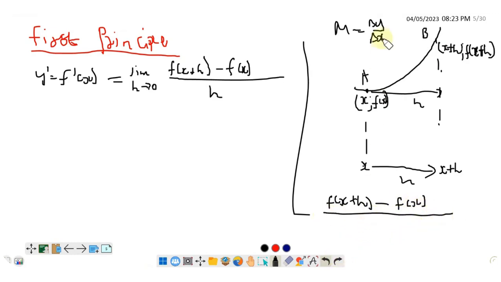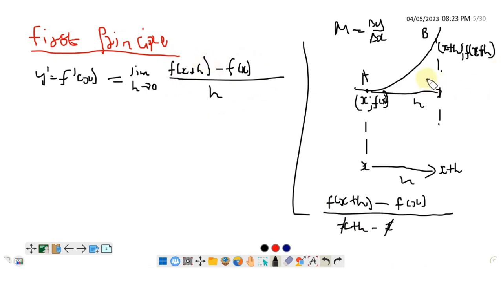Then the change in x: the x at B is x plus h, minus the x at A, which is x. So this x cancels this x, and we remain with h. So you see this formula is the same formula we have here. So this shows that this is a gradient.